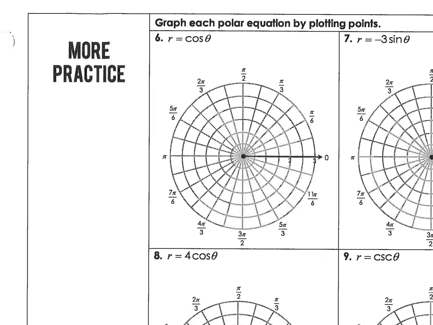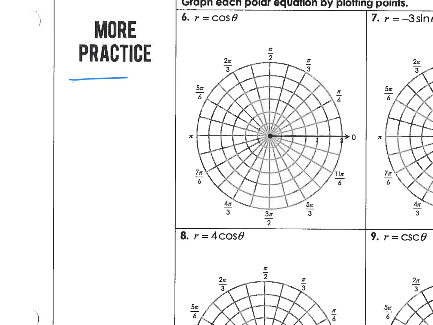So we're going to go over here, and we're going to do enough to see what's going on. This is theta, this is r. We're going to start with 0. Cosine of 0 is 1. So at 0, it is 1, so it is here.